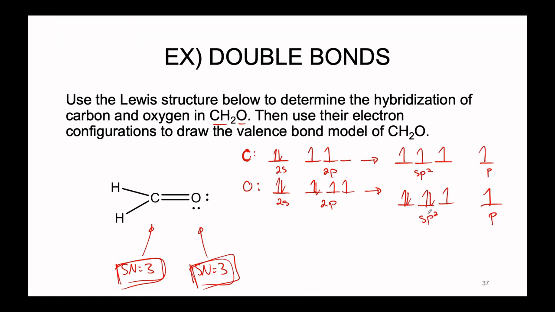All right, so now let's start filling in the picture. In order to do this, I'm going to erase these arrows here, so give me a second. So let's start with carbon. Our carbon has 1, 2, 3 sp2 orbitals in a trigonal planar configuration. This is what gives us the trigonal planar shape around the carbon.